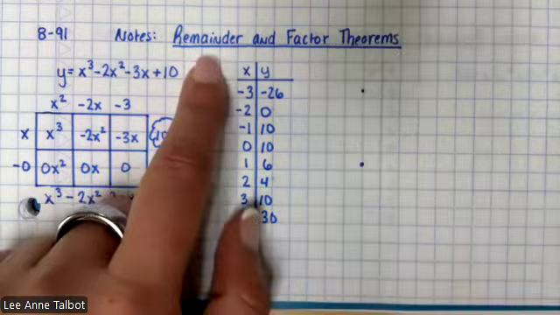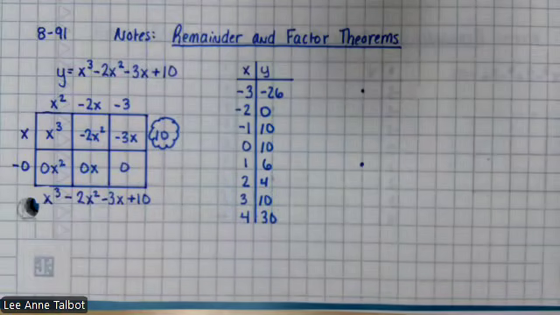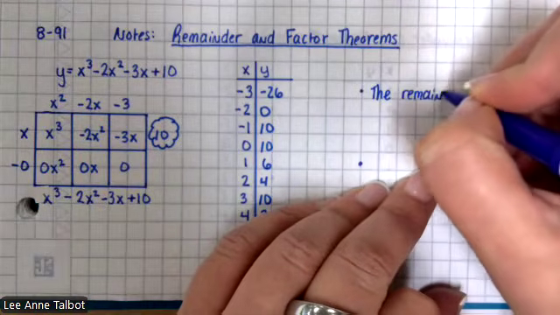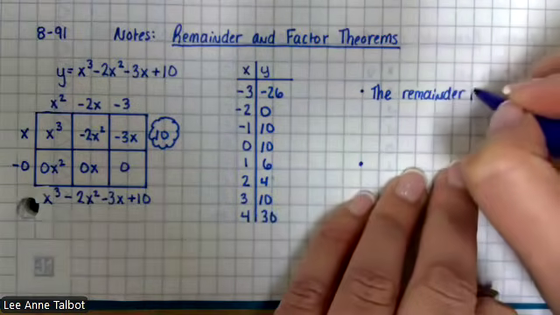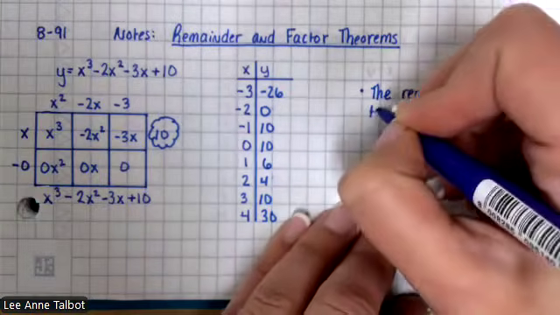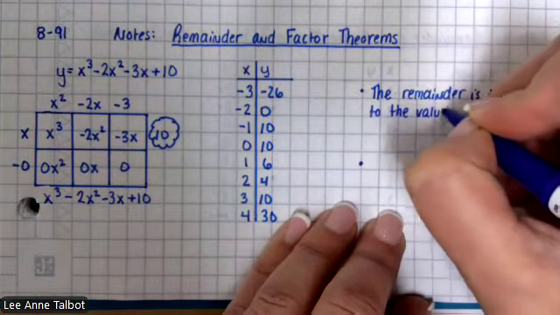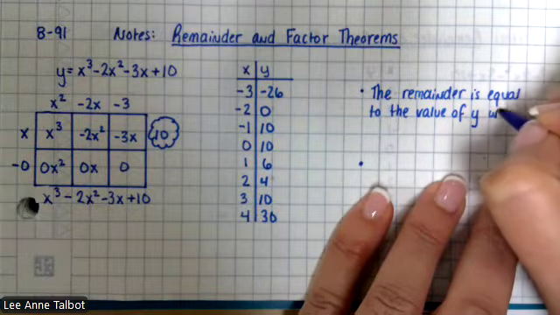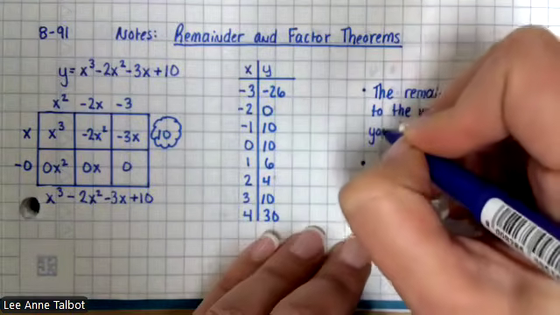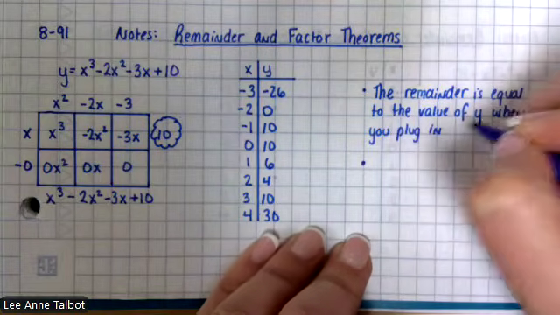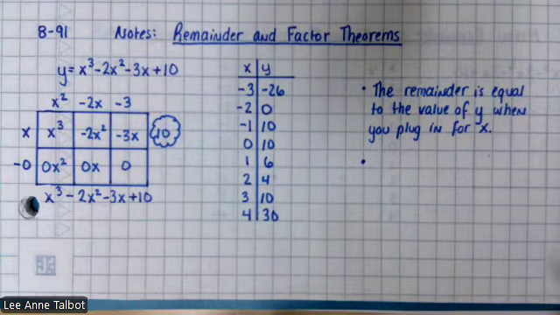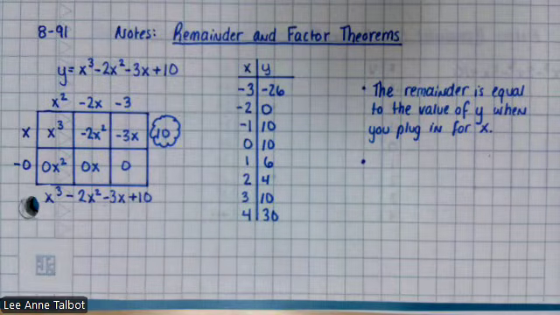So the remainder theorem says, remembering to switch the sign, of course, the remainder is equal to the value of y when you plug in for x.